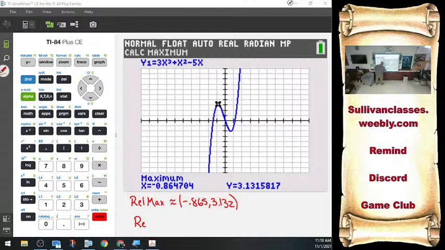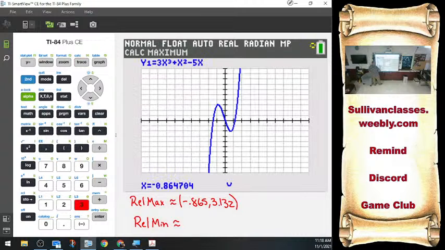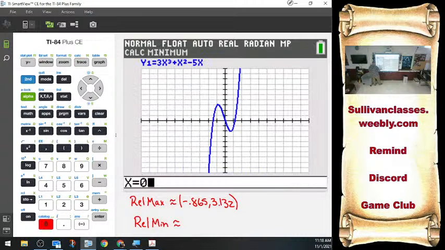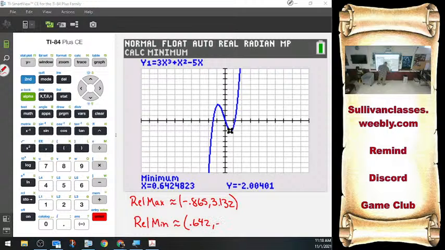I'm also going to have another relative minimum over there somewhere between 0 and 1, as long as it's pointing in at it, at approximately 0.642, negative 2.004.